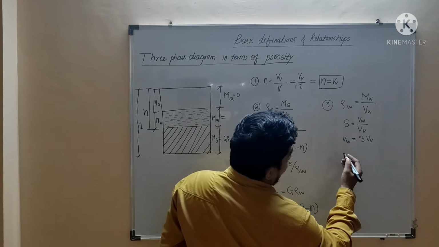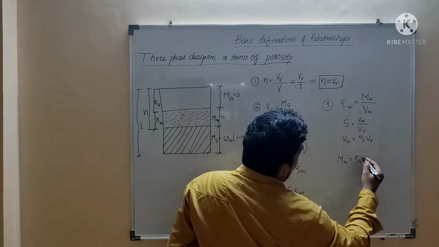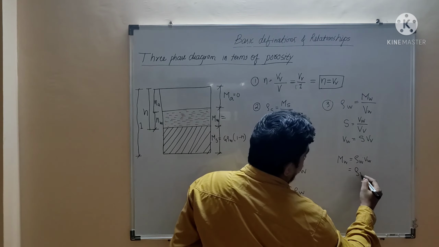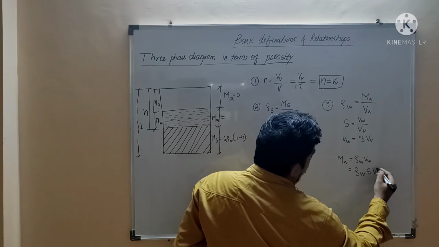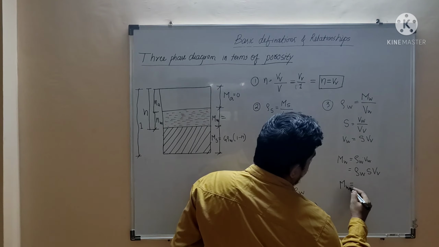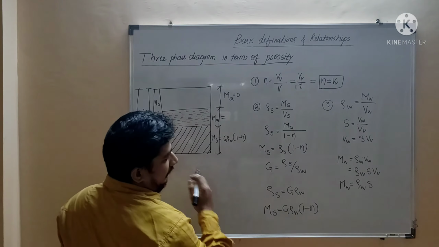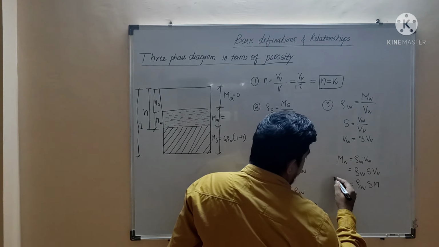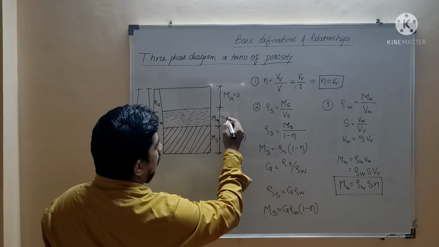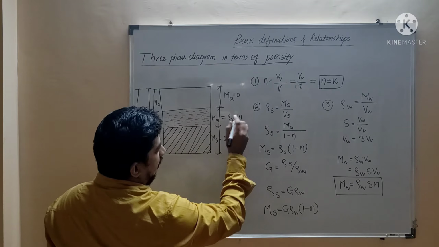So mw is equal to rho w multiplied by Vw, which can be simply written as rho w multiplied by S multiplied by volume of voids, and this volume of voids is nothing but n. So this is mass of water: rho w multiplied by S multiplied by n.